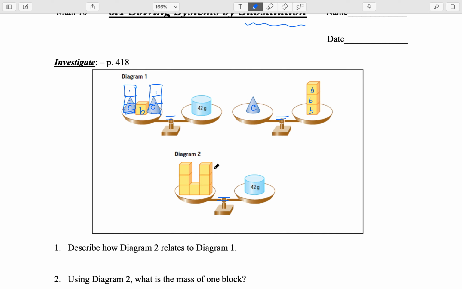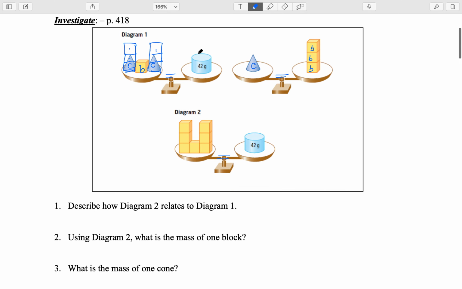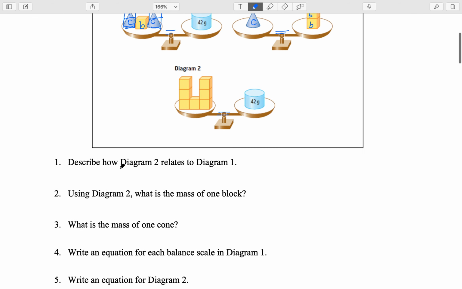There it is. If you take the cones and replace them with blocks, you get this. So diagram 2 is the combination of both of them in diagram 1.